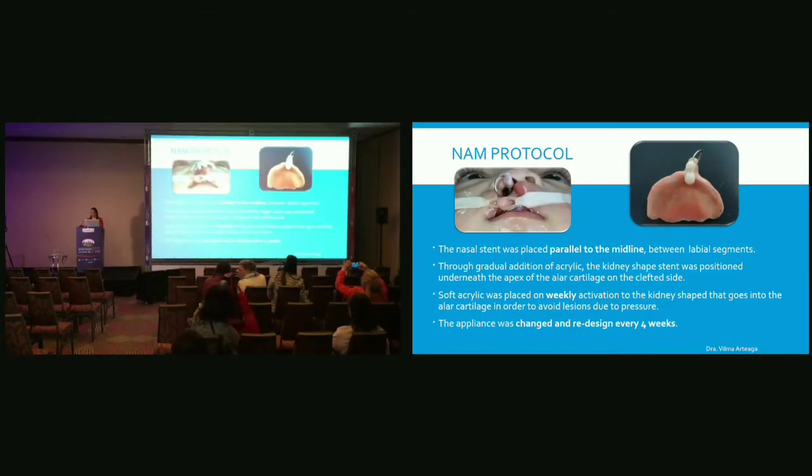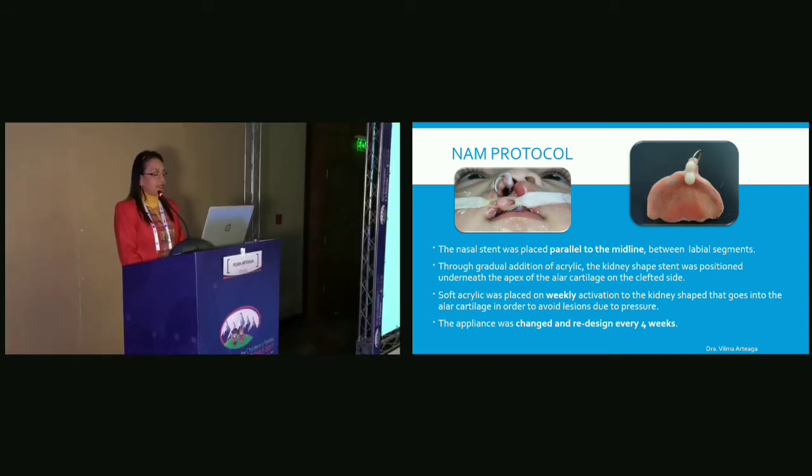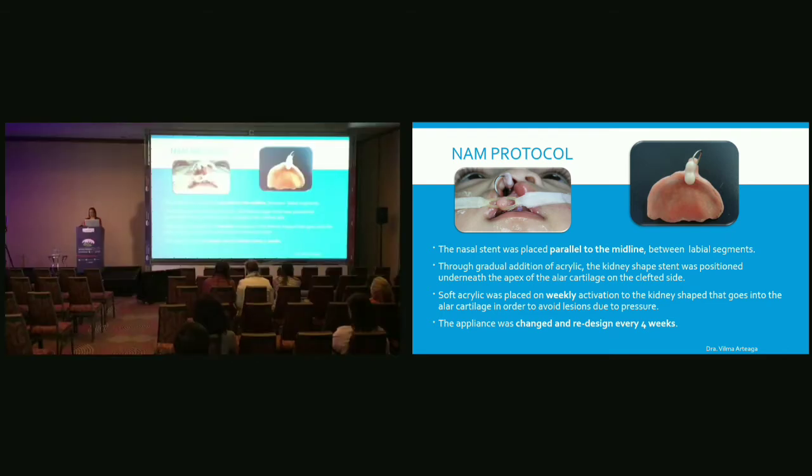The nasal stent is always placed in the middle, parallel to the midline between the labial segments. And through gradual addition of acrylic, the kidney-shaped stent is positioned under the apex of the alar cartilage on the cleft side. The superior lobe enters the nostril and presses up and forward against the nasal lining behind the dome of the alar cartilage, and the lower lobe is positioned under the apex of the nostril aperture.